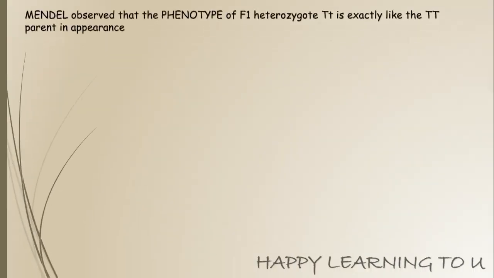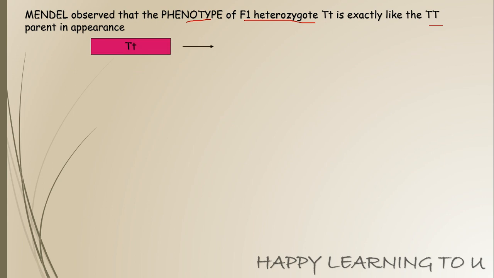Now, Mendel observed that the phenotype of the F1 heterozygote Tt, because in a heterozygote the allelic pairs are non-identical, so the phenotype, that means the description whether tall or dwarf, of this F1 heterozygote is exactly like the TT parent, that is the homozygous parent.